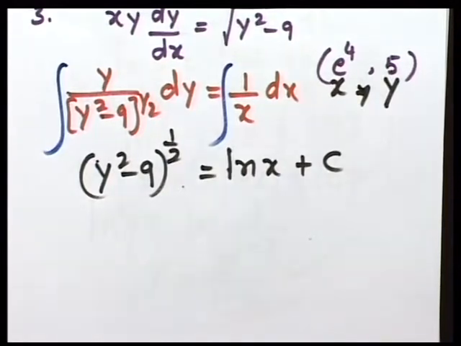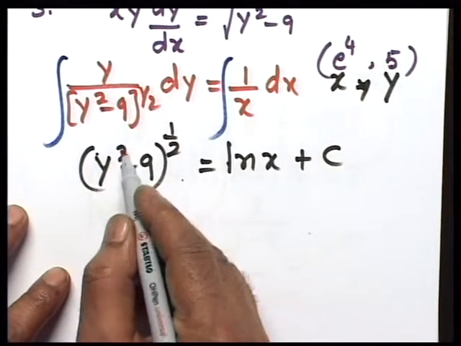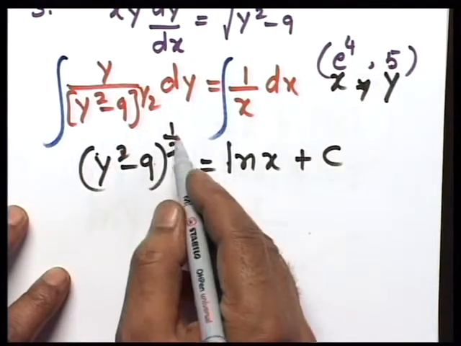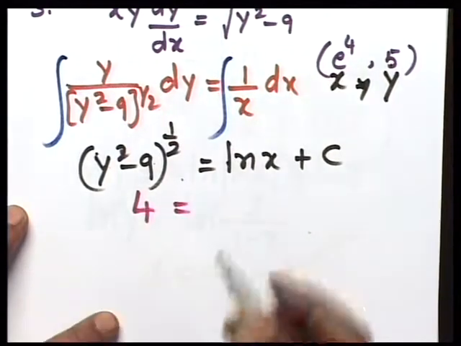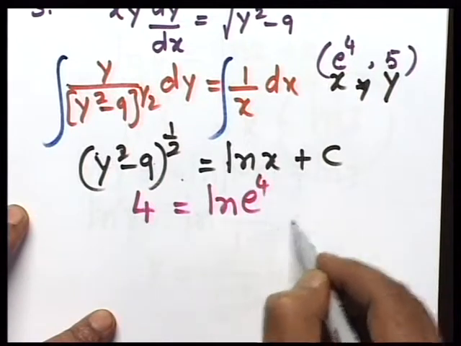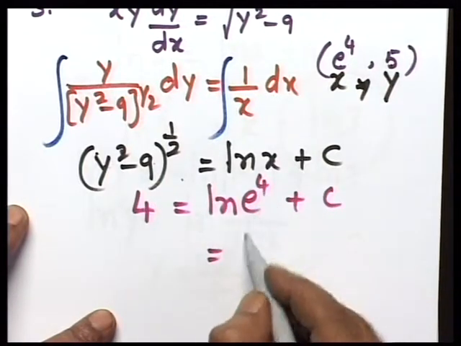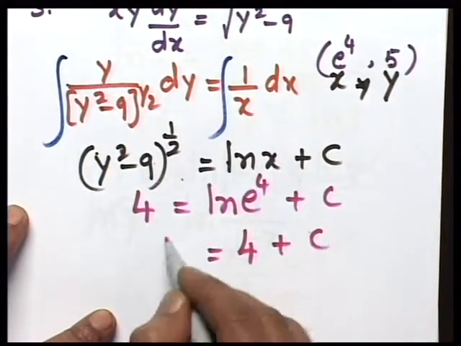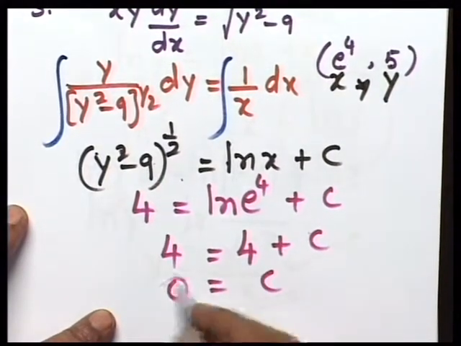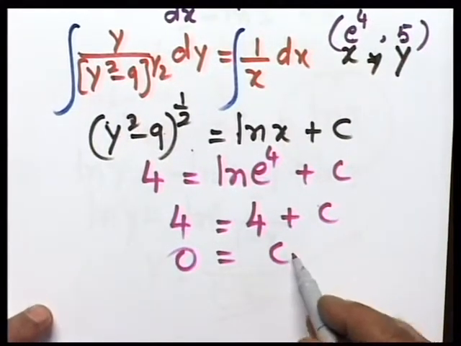Now x and y values, very important. y is 5, so 5 square, 25 minus 9, 16. 16 to the half is 4, equals natural log of x, which is e to the power 4, plus c. So this is a nice one. ln e to the 4 is actually 4 plus c. So we got c equal to 0 in fact. So that c value or k value is 0.